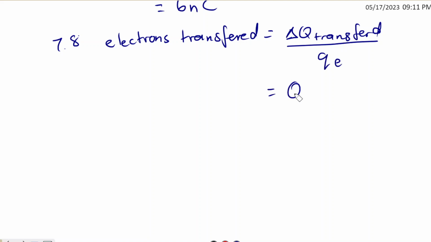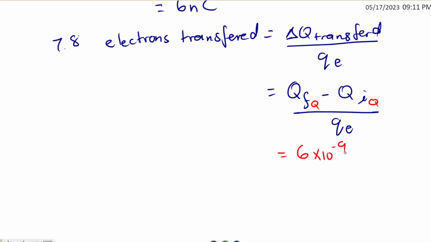For that change in Q, I want to find the amount of charge final, subtract the amount of charge initial. Remember, I am focusing on charge Q because it is the one that is transferring electrons to charge P. So in final, charge Q is 6 nanocoulombs. Initially, it was 5 nanocoulombs. Then divide that by the quantization of charge, which is 1.6 times 10 to the power negative 19.